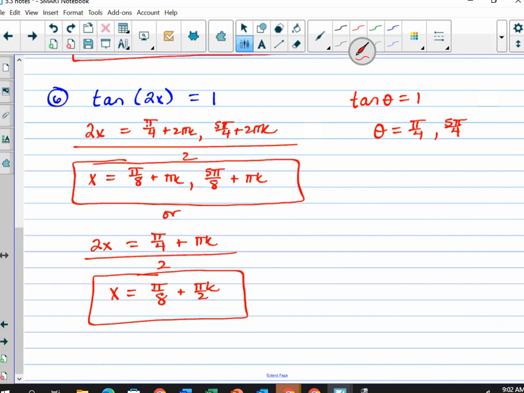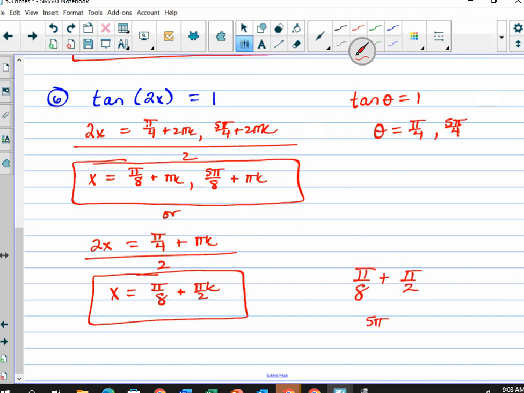Do you guys see the difference? I would take both of those answers. They're both right. One is just repeating it. That's repetitive, because guys, what is pi over 8 plus pi over 2?